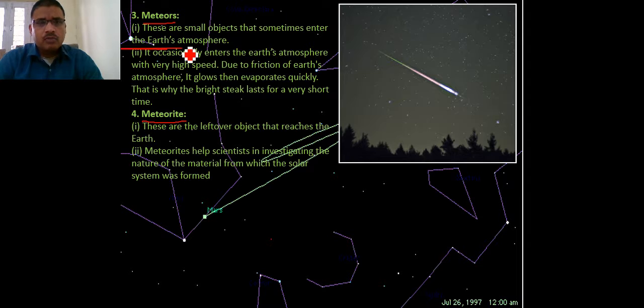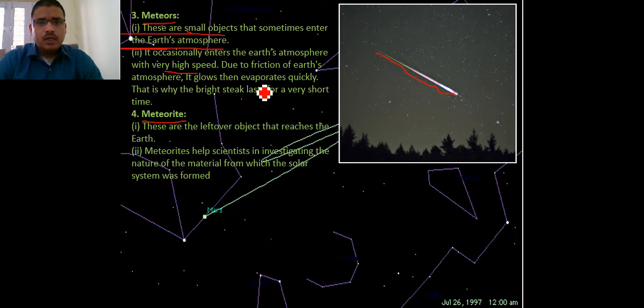These are small objects that enter the Earth's atmosphere. They occasionally enter the Earth's atmosphere at very high speed. As you can see, there is an object moving towards the Earth, and its speed is very high. Due to the friction of the Earth's atmosphere, it glows, then evaporates quickly.